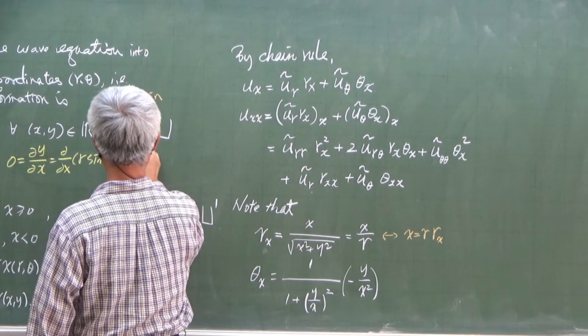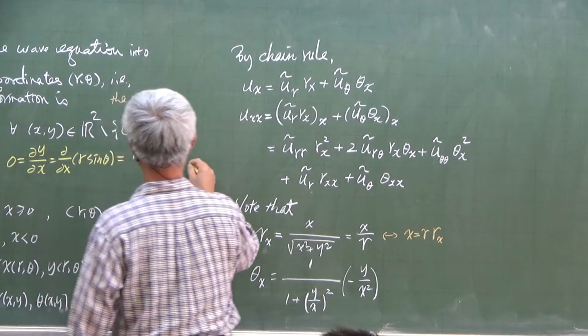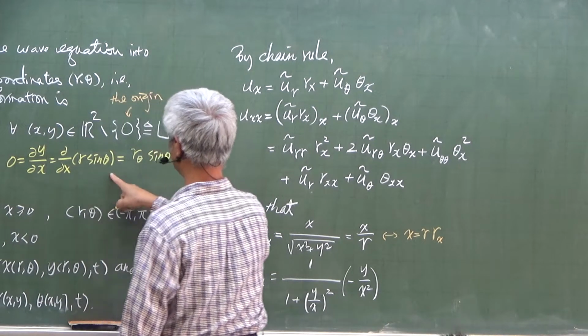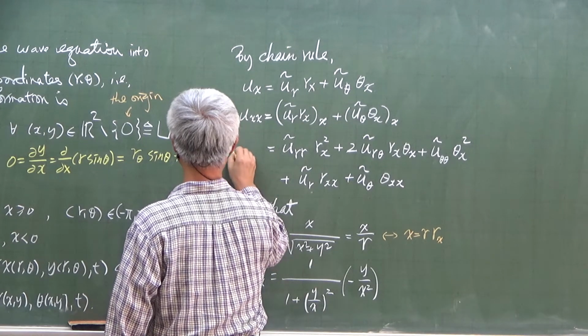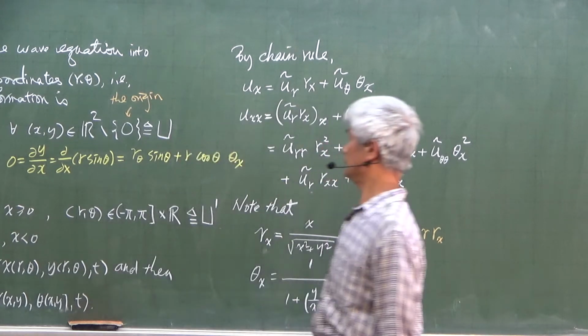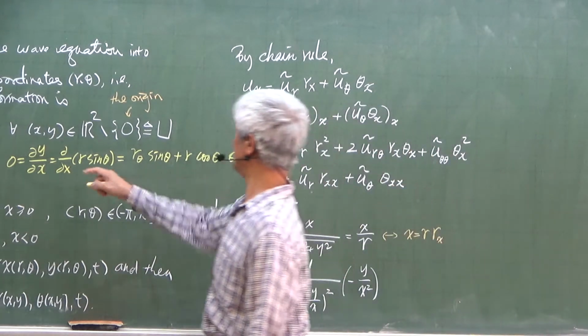Okay, so this is r sine theta plus r cosine theta theta x, and this is equal to 0.